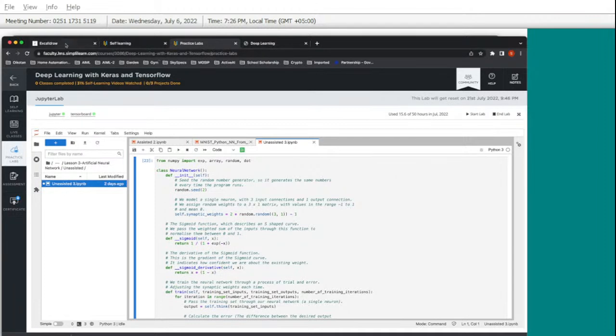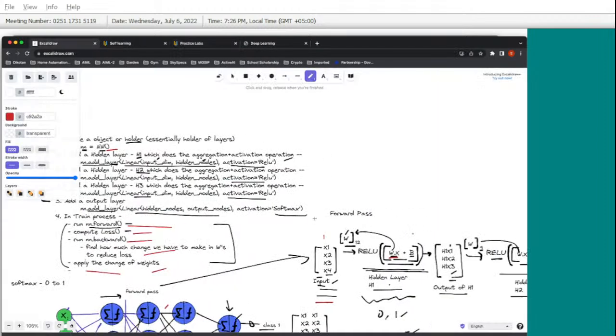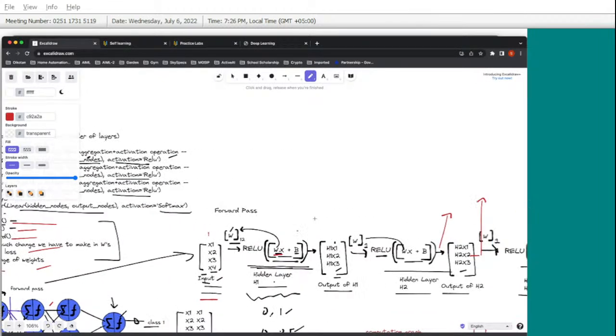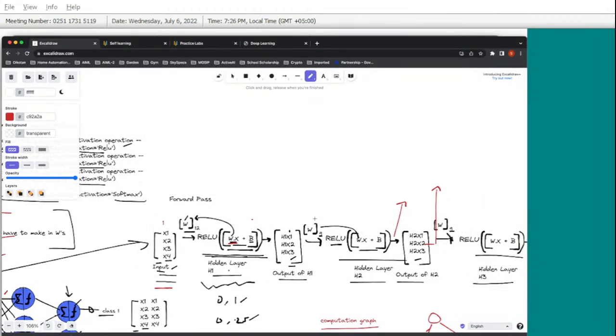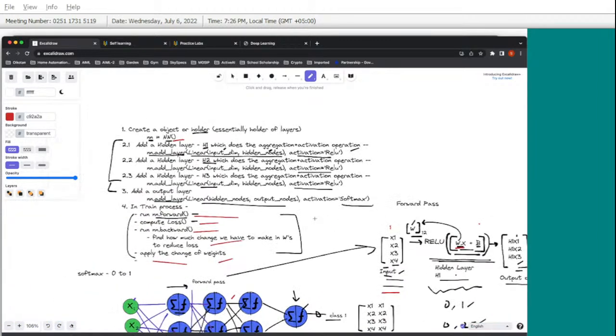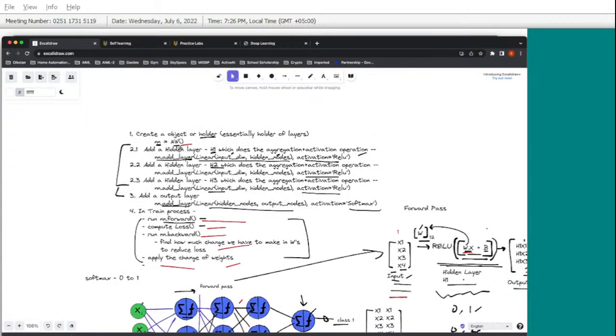Suchita, did we understand this part? This notebook? In the first part here, we have understood this, right? Now we have understood that to build a neural network in any language, in any framework, we need to accomplish a few things. We have to have the ability to create an object or a holder. We need to be able to add a hidden layer or multiple hidden layers.